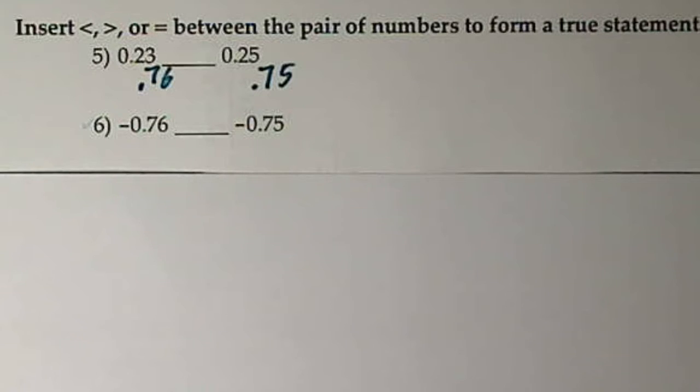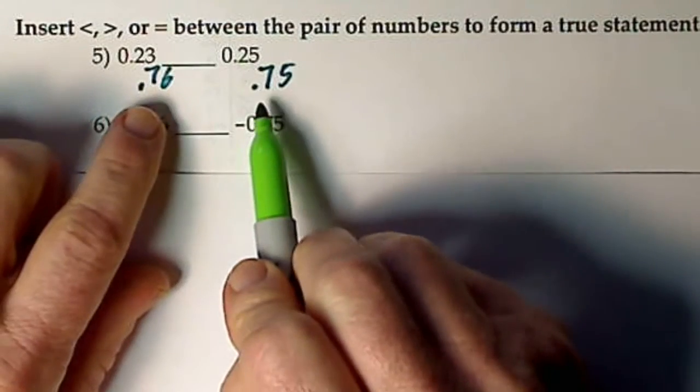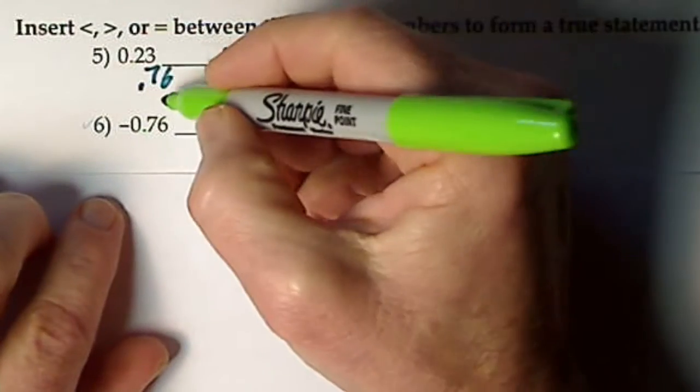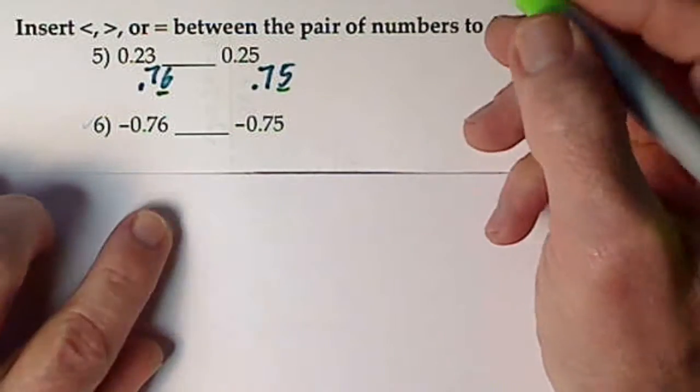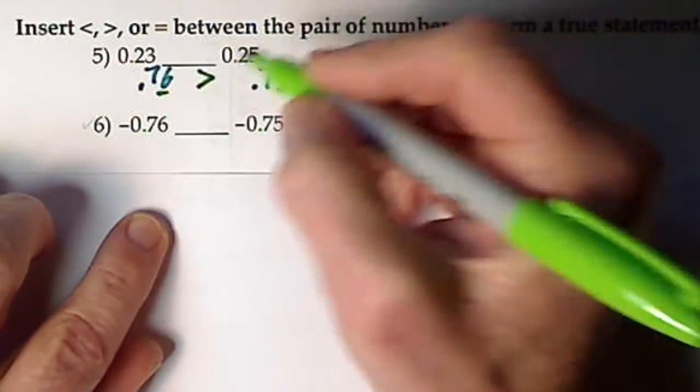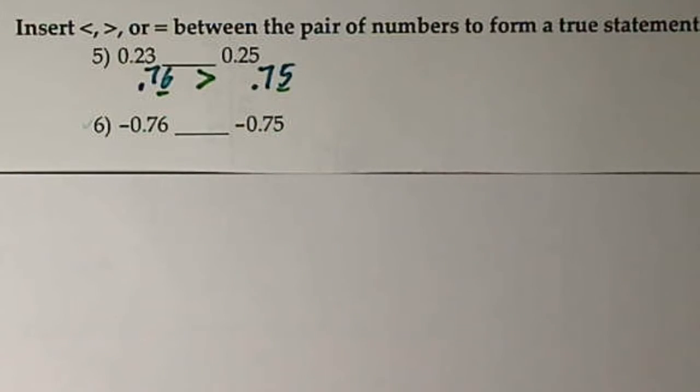And when you're trying to indicate which is greater, you proceed digit by digit. All right. The 7s are the same, the 6 and the 5 are different. So all I really have to compare is the 6 and the 5. And obviously 6 is greater than 5.